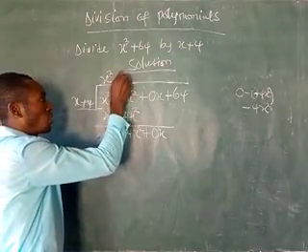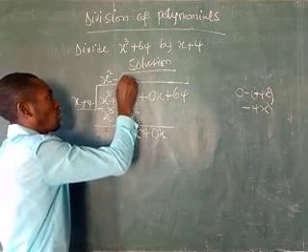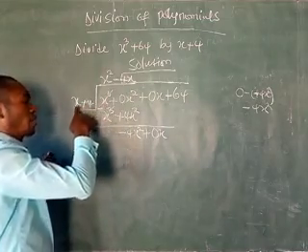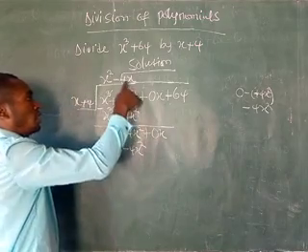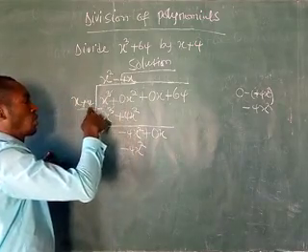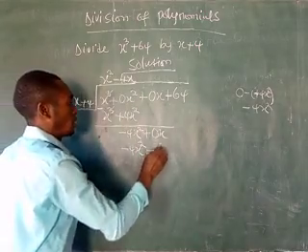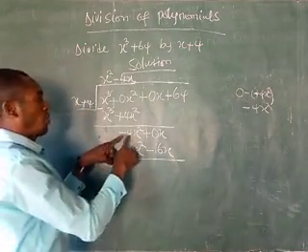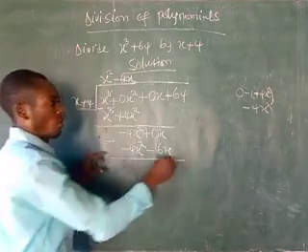So it has to be minus 4x. Now, minus 4x times x will give you minus 4x squared. The same thing, minus 4x times plus 4 will give you minus 16x.